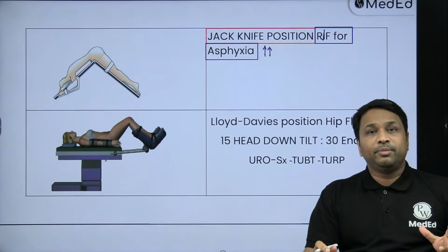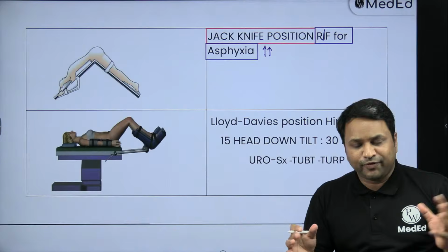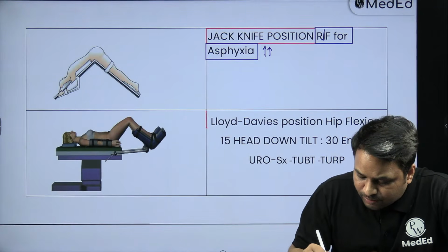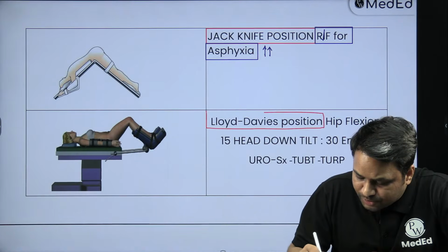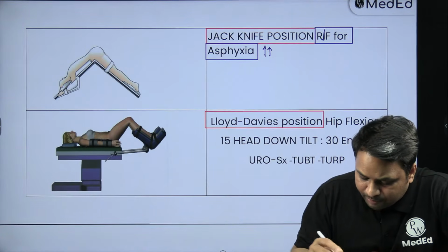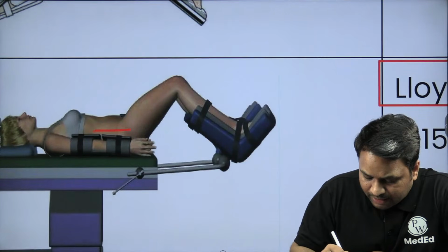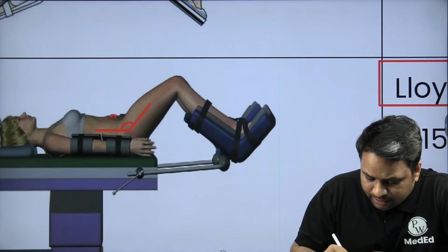Now in the lithotomy position, because there was a lot of tension, Lloyd-Davis modified the lithotomy position, called the Lloyd-Davis position. In this, the hip is not flexed at 90 degrees, right? You can see we have the hip at an angulation, and this is going to be kept at 30 degrees.